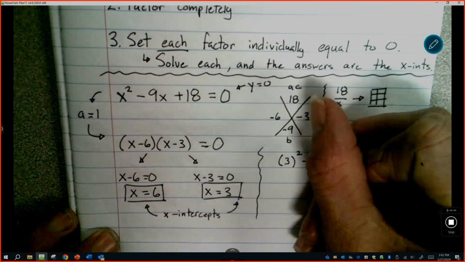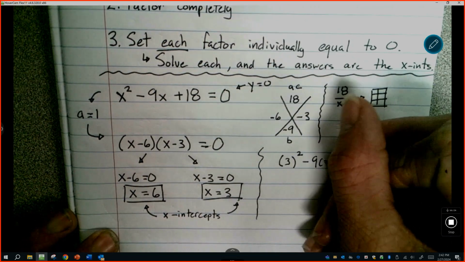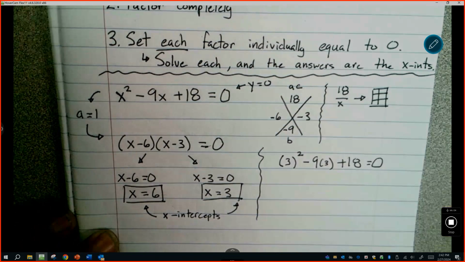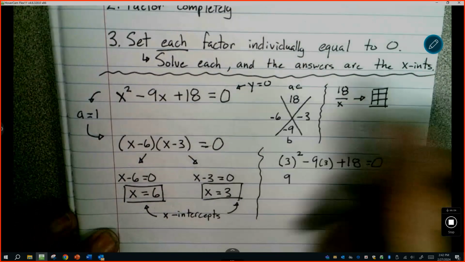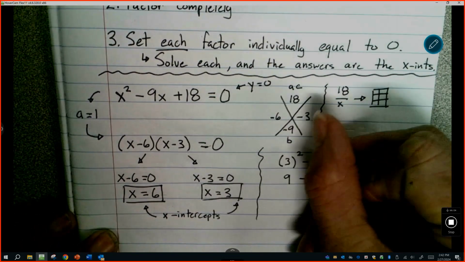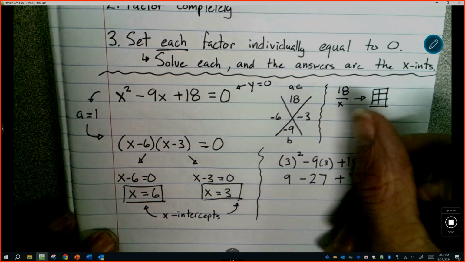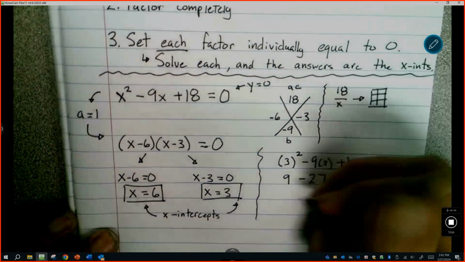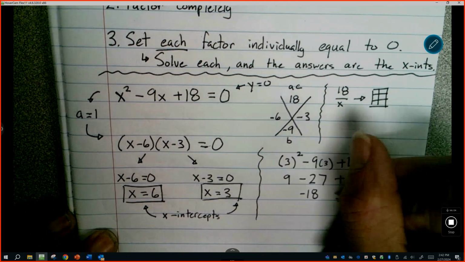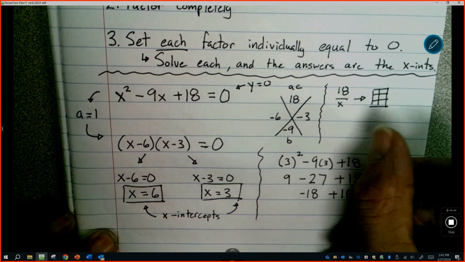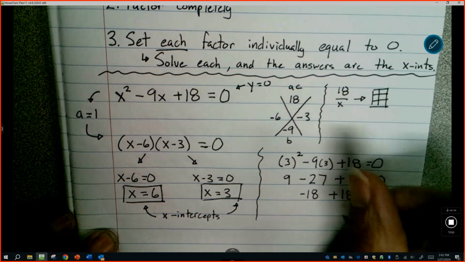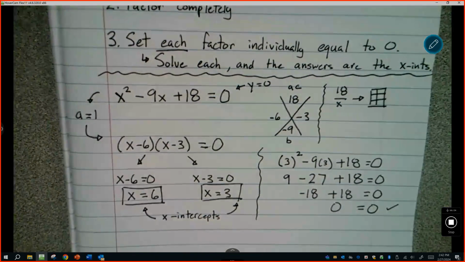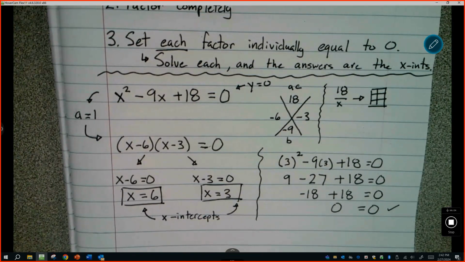So 3 squared minus 9 times 3 plus 18 is equal to 0. 3 squared is 9. 9 times 3 is 27 plus 18 equals 0. And then 9 minus 27 is negative 18. Negative 18 plus 18, that does equal 0. So since this equation is balanced, it means I did find the right solution, and this factoring method did give us our answer.